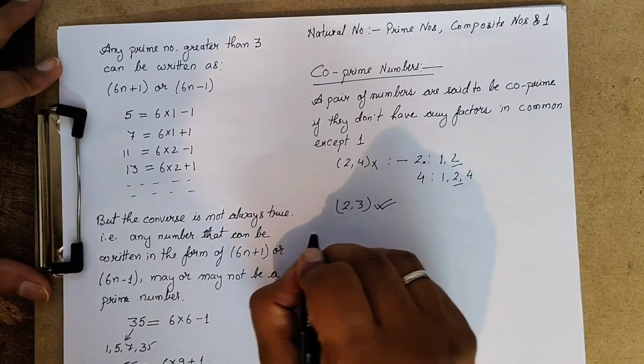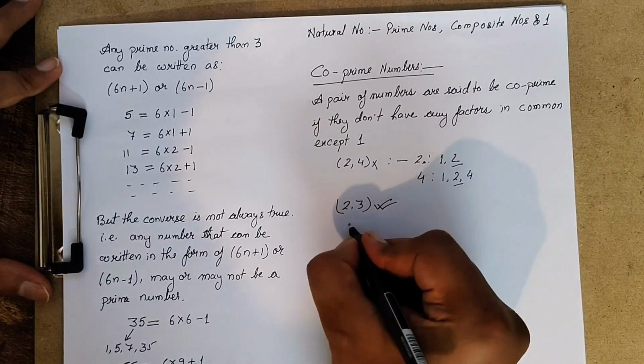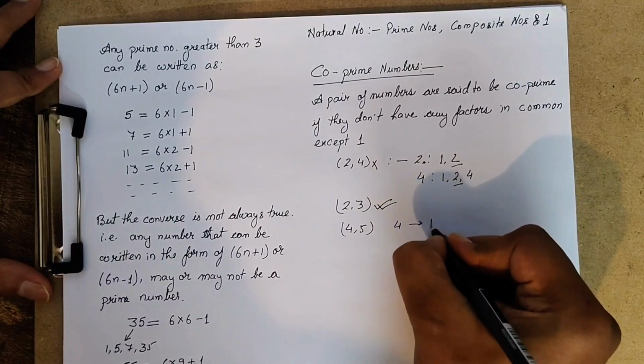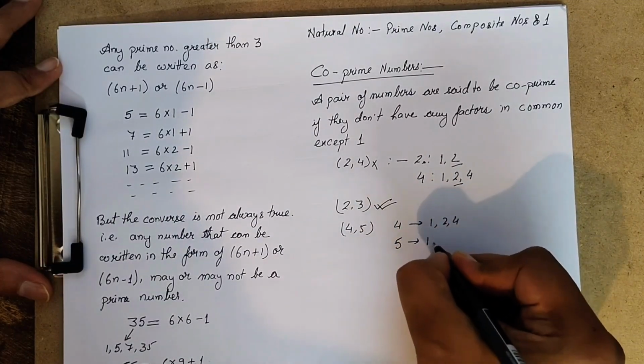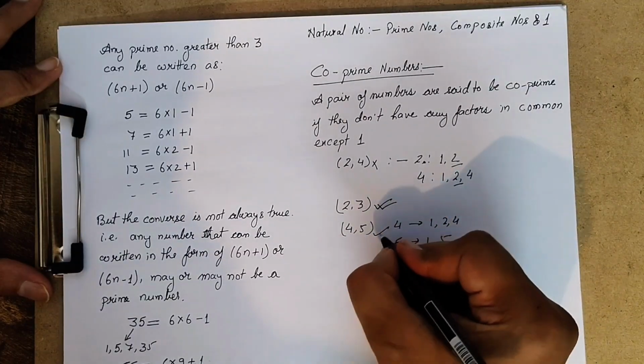They don't have any common factors apart from 1, so they are co-prime. 4 and 5: the factors of 4 are 1, 2 and 4, and the factors of 5 are 1 and 5. They don't have any factor in common except 1, so they are co-prime.